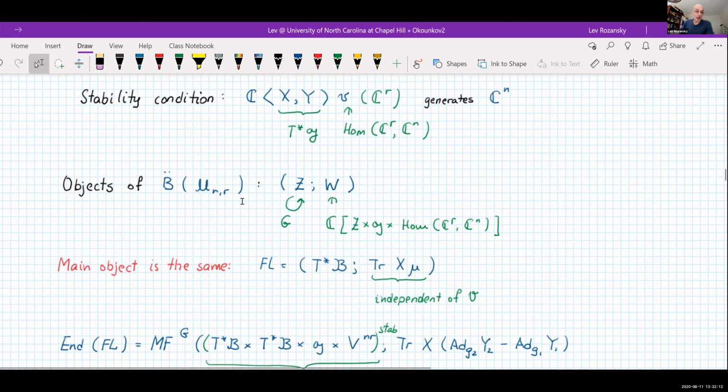So the objects that we consider here are exactly the same as in the previous story. So you still need a variety Z with the action of G, and your W now may also depend on the vector V from the space W, which is VNR.